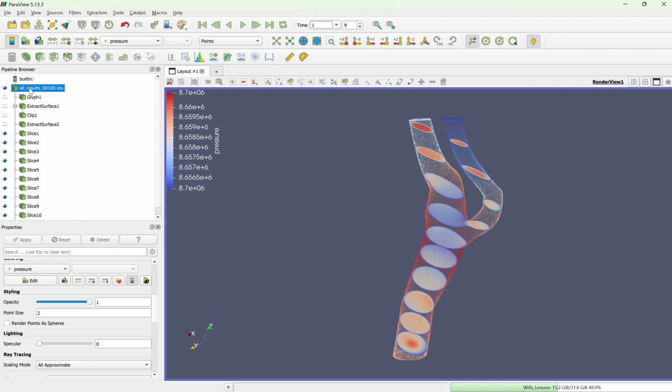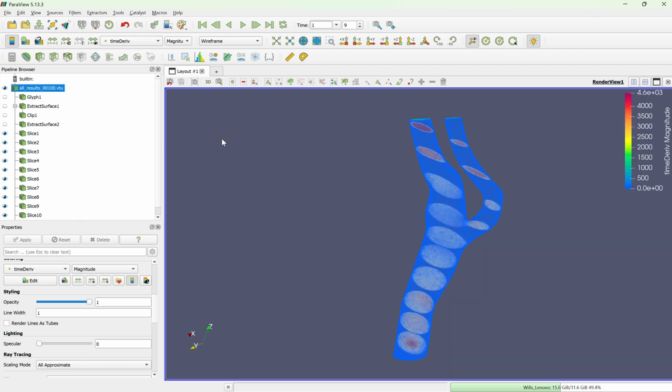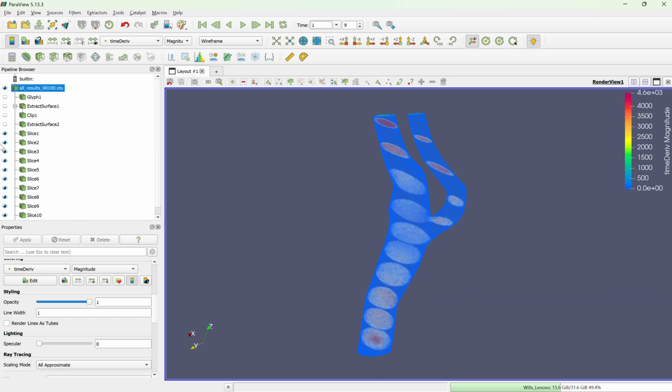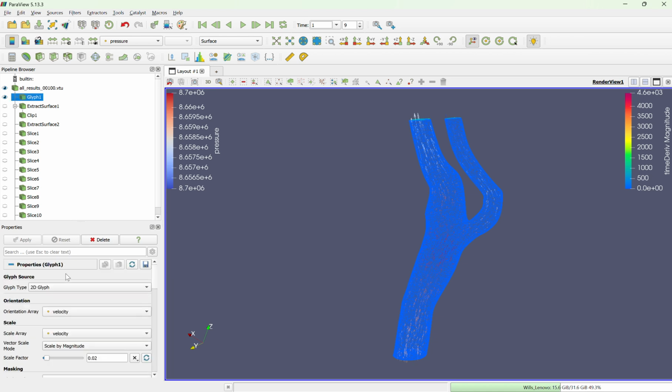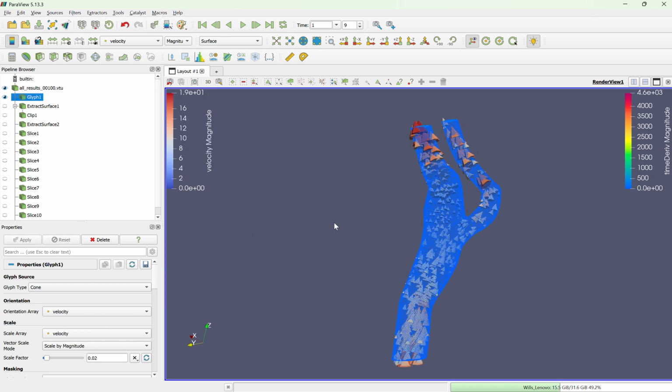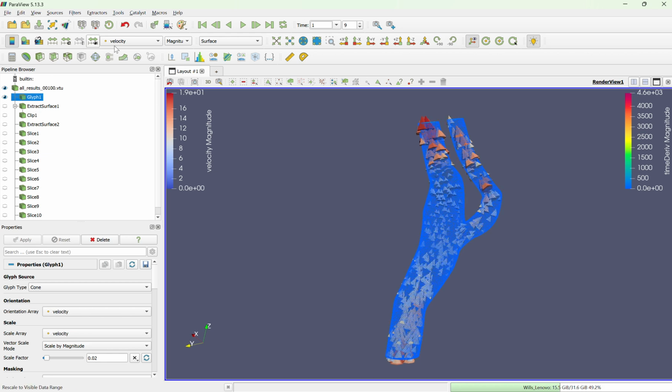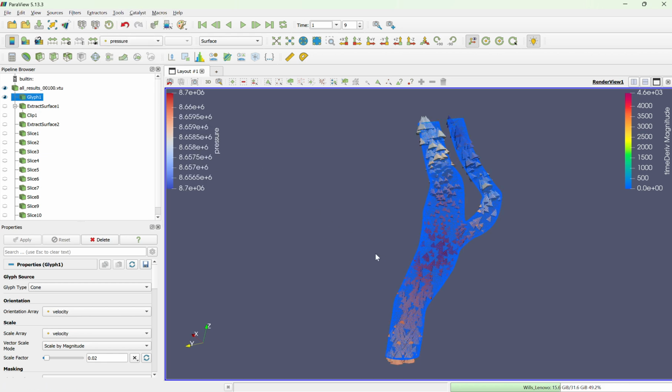Moving on to our next visualization, we're going to change the representation of the artery a little bit for visual purposes. We're going to look at the pressure glyphs.